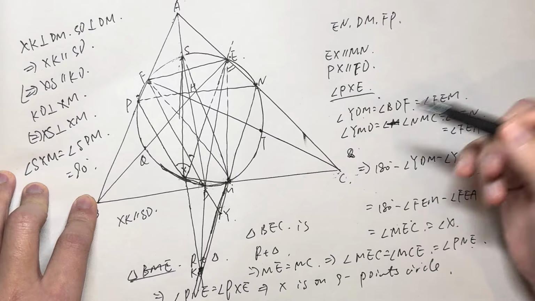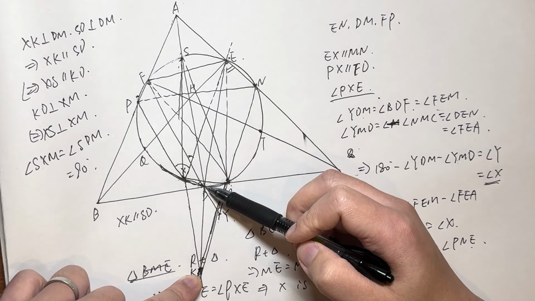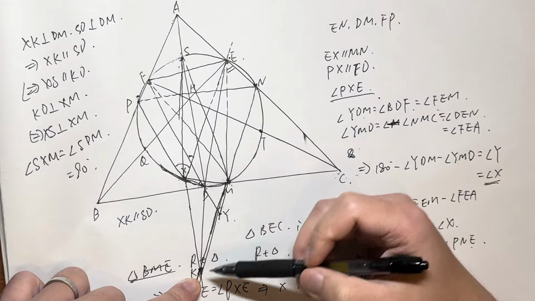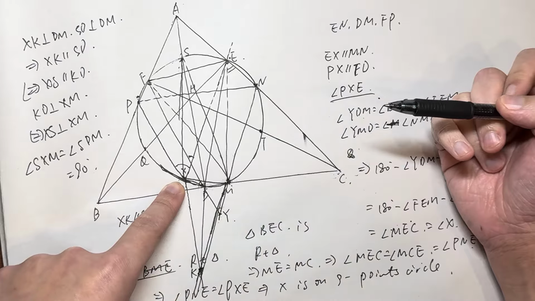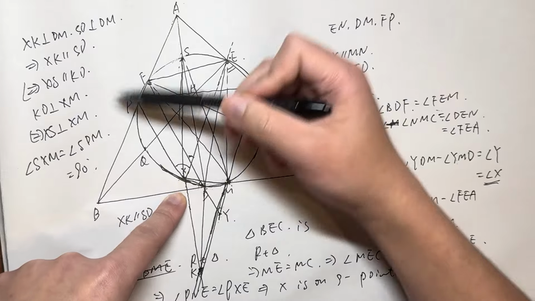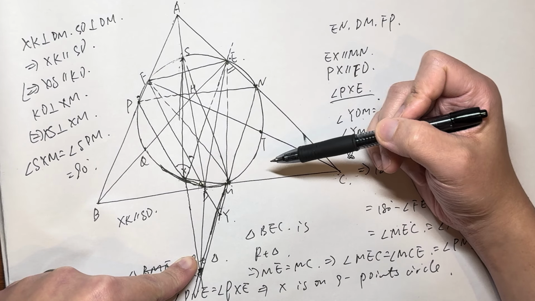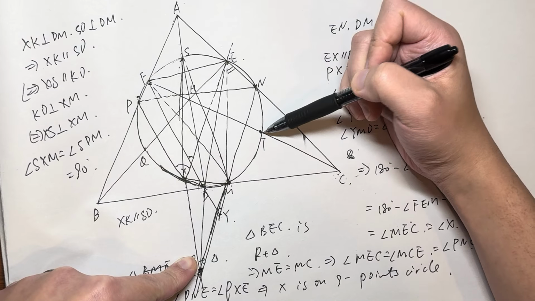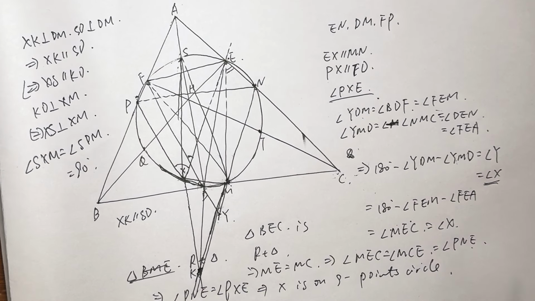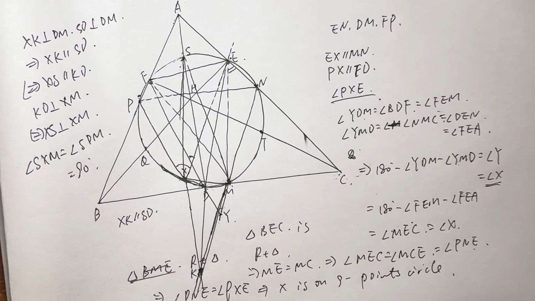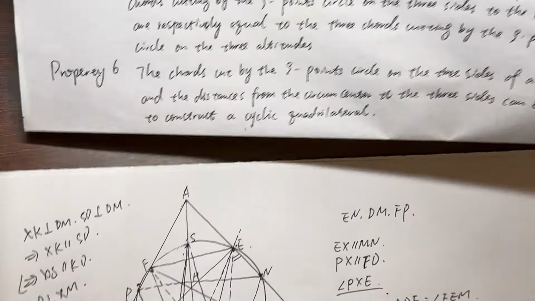In a similar way, we can prove that KD, well, actually, we already have it here, right? KD equals SX. We just need to prove KD also equals another segment, this one. In a similar way, we can prove that, right? Okay, that's property 5.